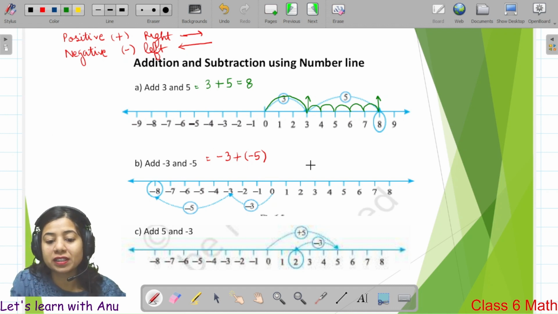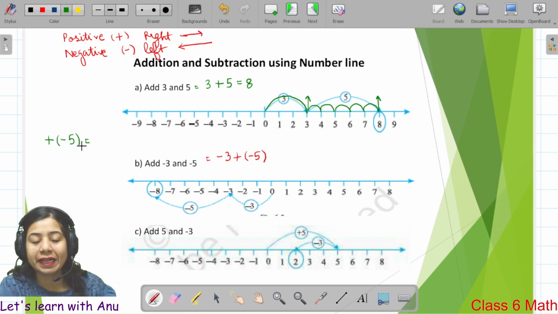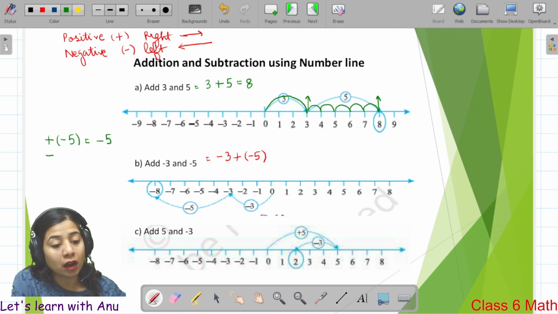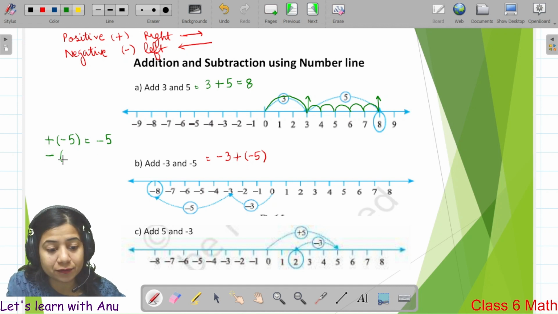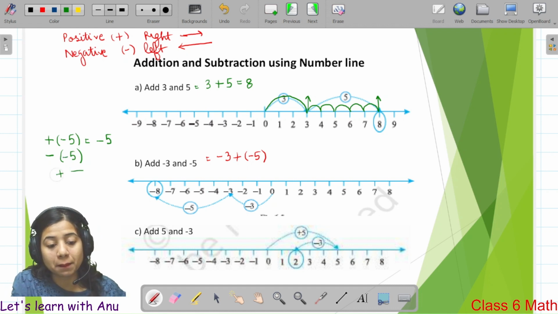So when we are solving the brackets, if we have positive sign in front, outside the bracket we have positive sign, then the inner sign will be maintained like that. It means it will remain minus 5 here. And if outside the brackets, class, we have negative sign, for example here minus of minus 5, then the sign will change. Plus will become minus, minus will become plus.